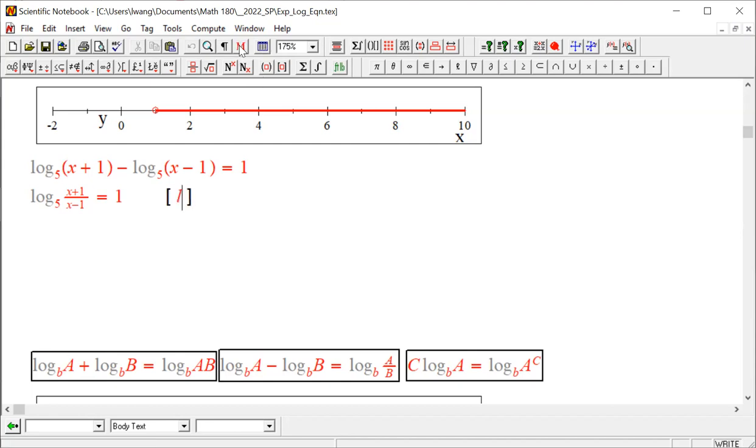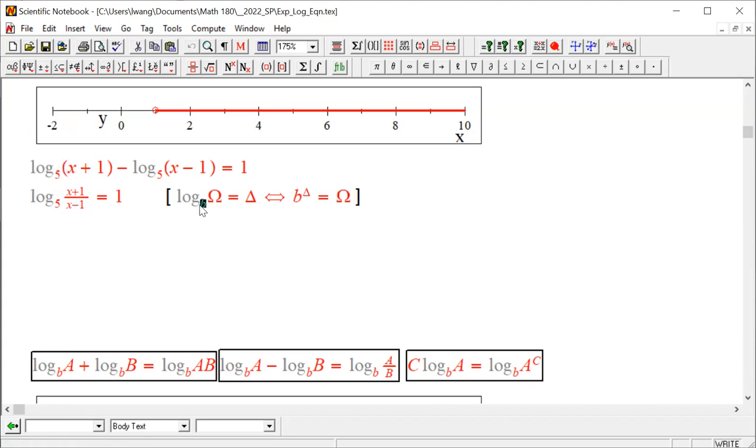The definition goes like this: log base b of omega equals triangle if and only if b raised to the power of triangle equals omega, provided the base is larger than 0 and not equal to 1.